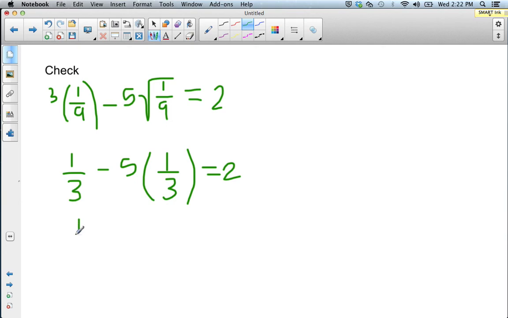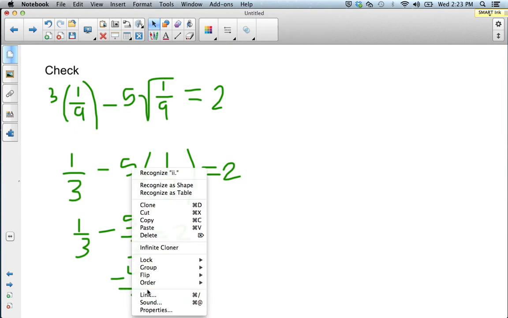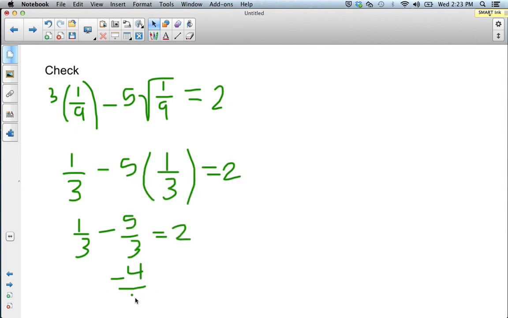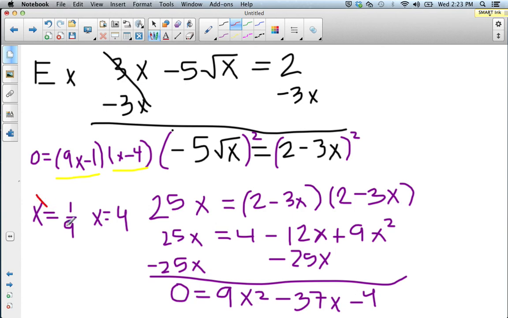This is the same thing as 1/3 minus 5/3 equals 2. Well, what's 1 minus 5? Negative 4, right? So we get negative 4 over 3 equals 2. Is that true? No, definitely not. So we have an extraneous solution. So I'm going to say I'm not using this.